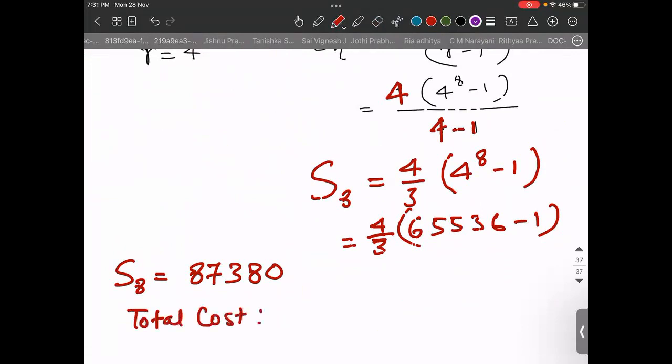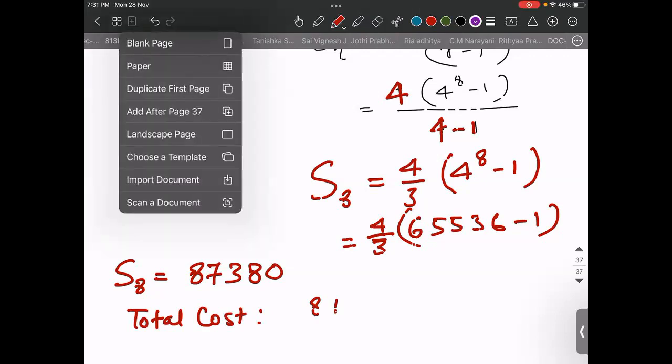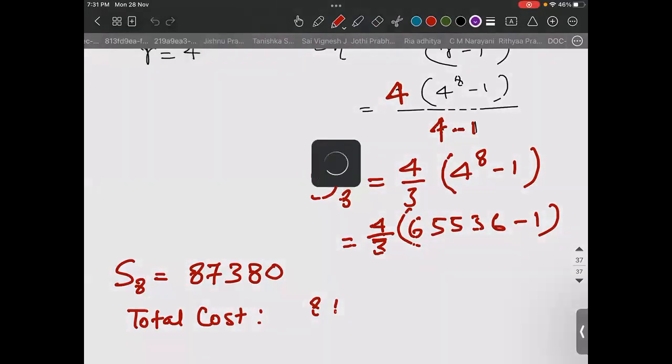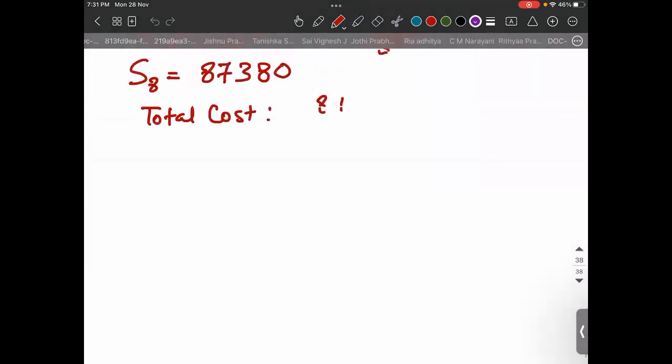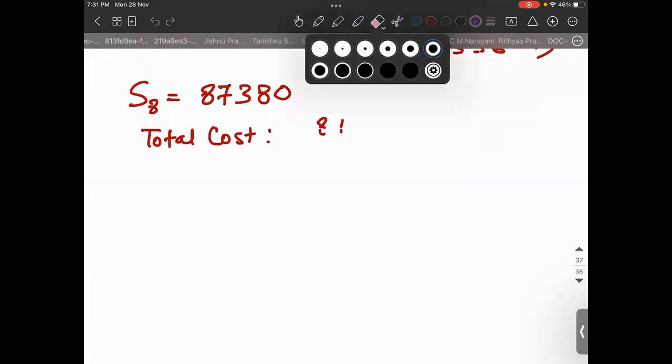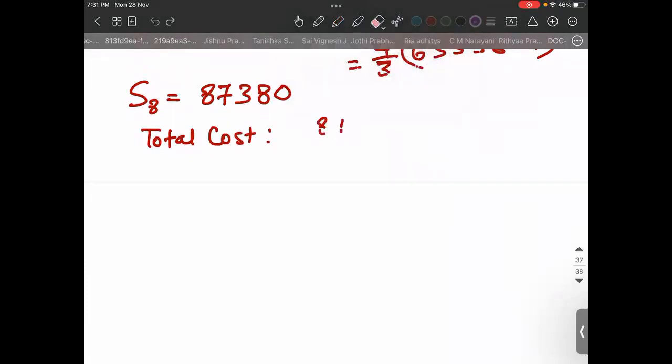So this value by 2, how much is the answer? Okay, so for 1, the total cost will be what?